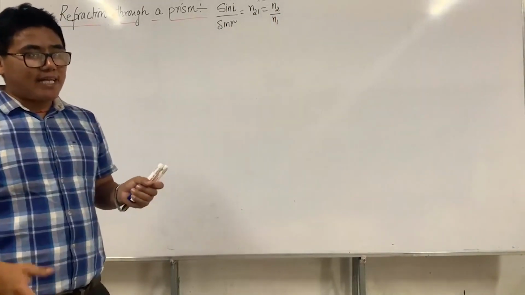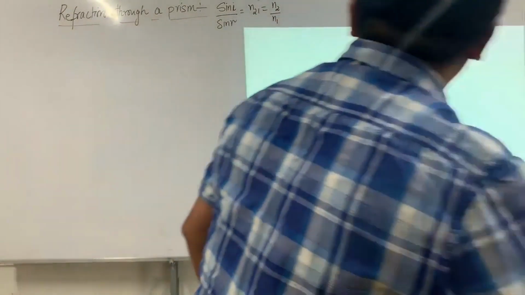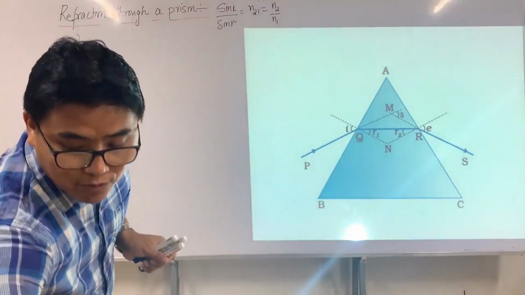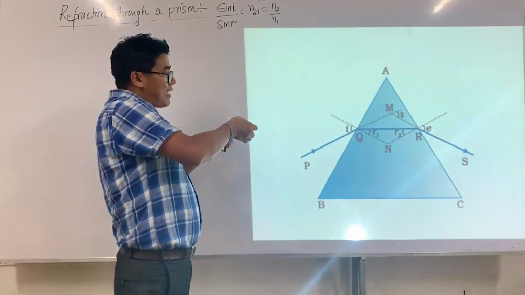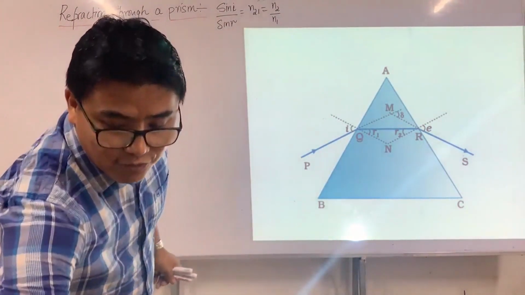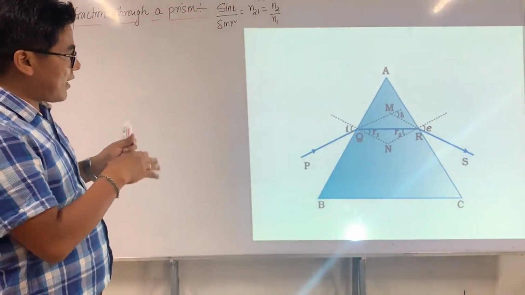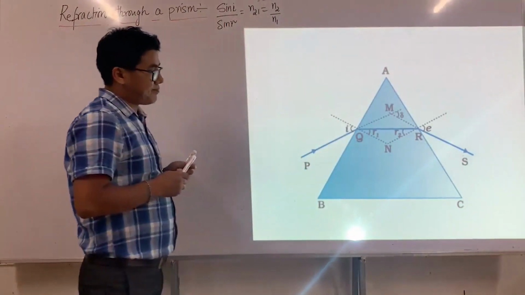Alright, so now let me explain refraction of light through a glass prism. This is a glass prism, right? This is how I put it. I'm going to send a light in this way, and light comes out that way. So look here. First, let me explain a ray diagram. This is going to be an incident ray.